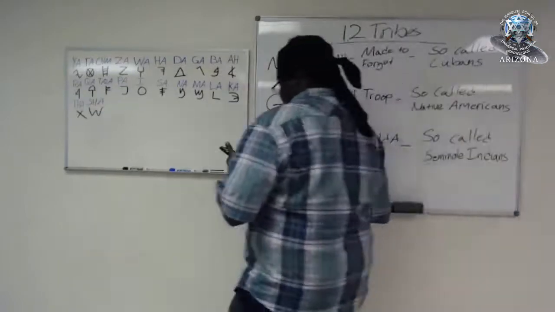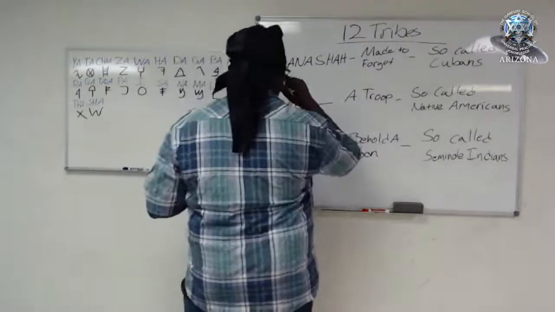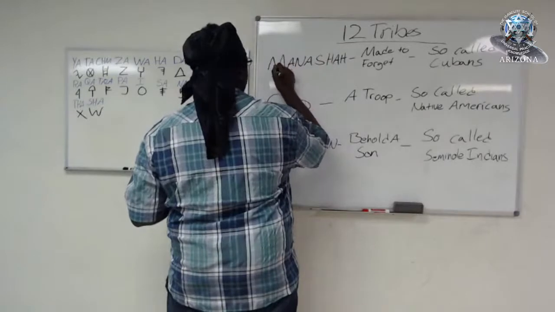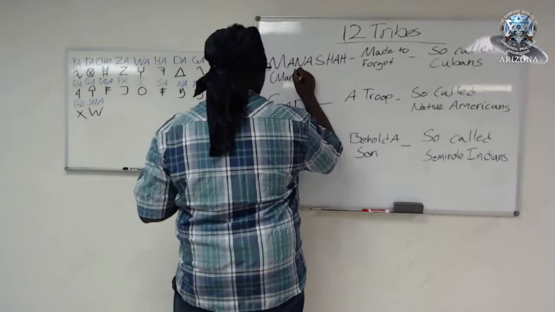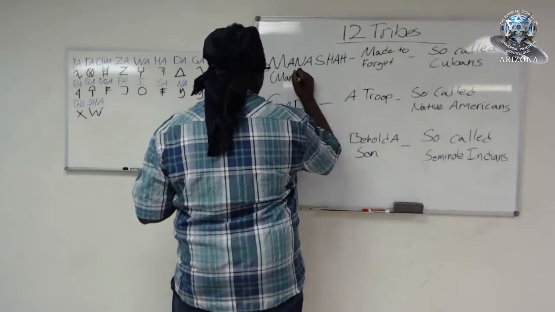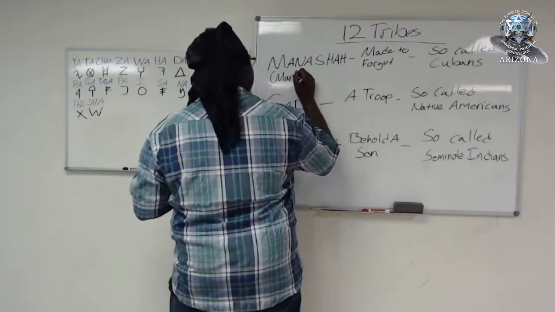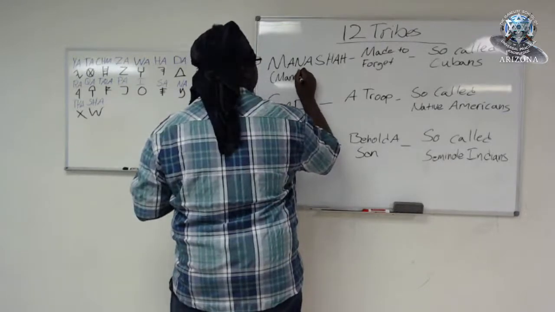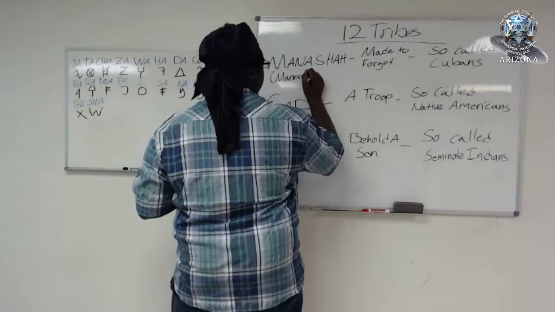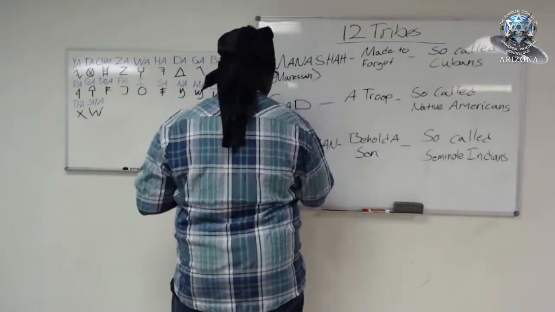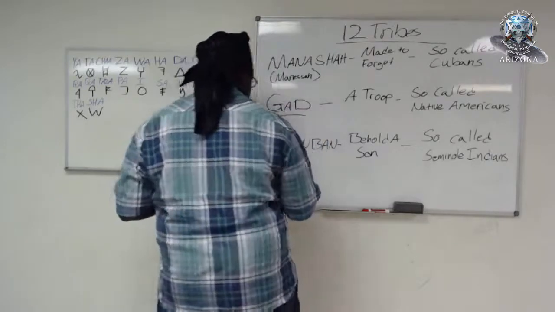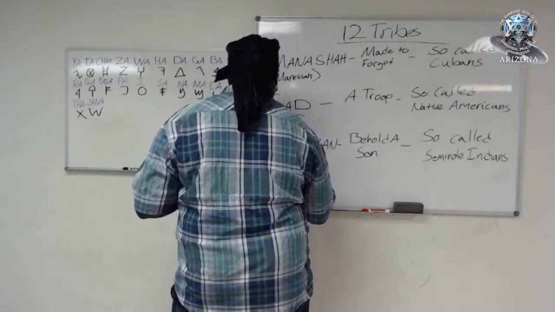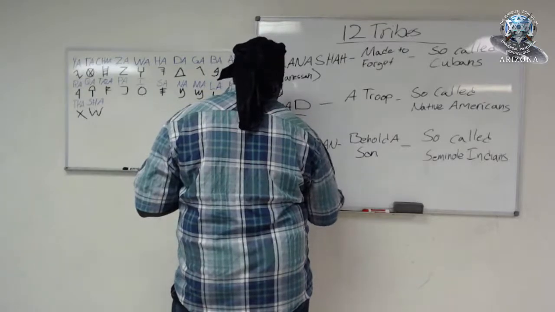All right, so Manasha in English is Manasseh. Gad is just Gad. And Rabon is Reuben.